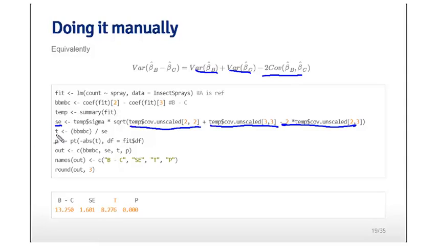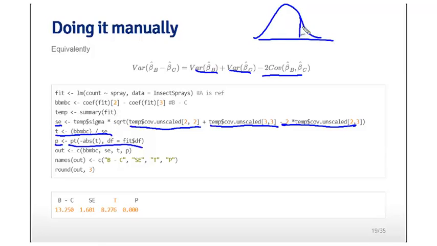And there's our t-statistic, being the effect divided by the standard error, and then the p-value. So right here's our t-statistic.